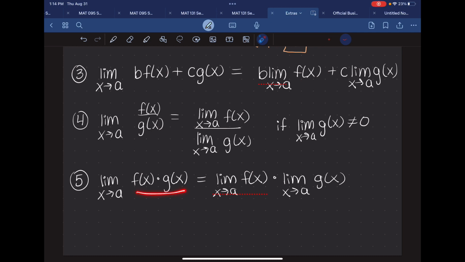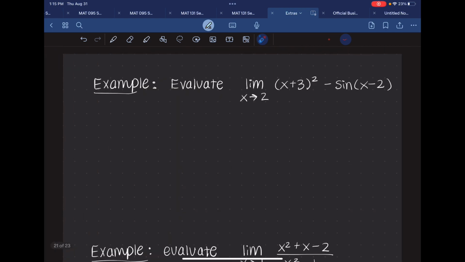And then the product is very similar. I have the limit of the product of functions, and so long as each of the limits of the individual functions exists, I can write that as the product of the limits.